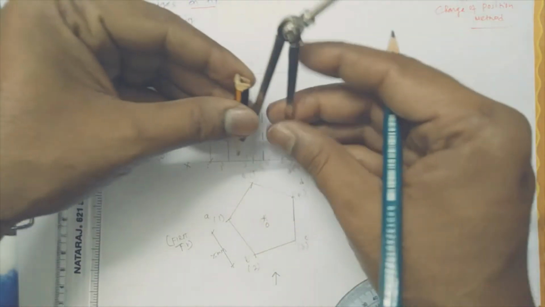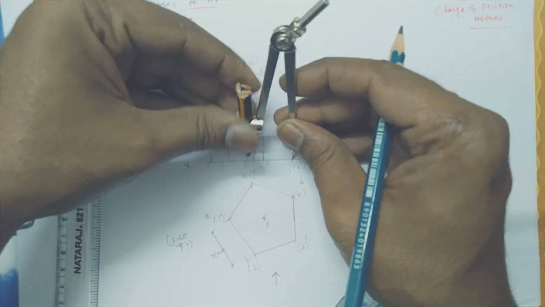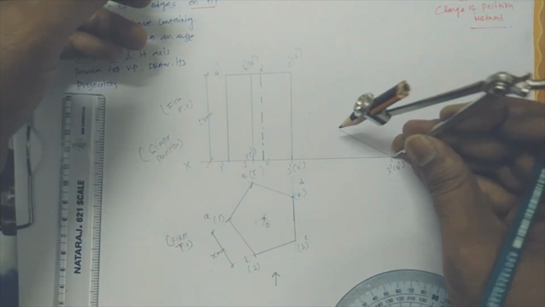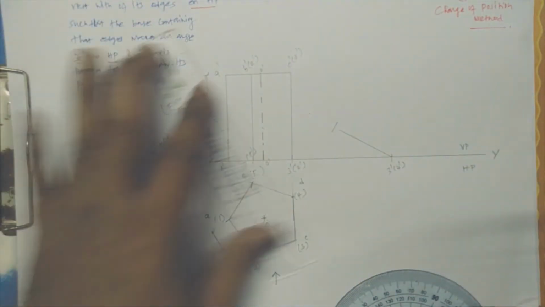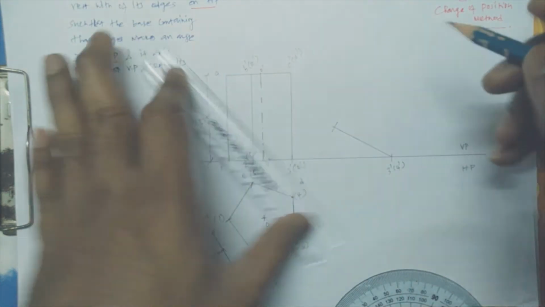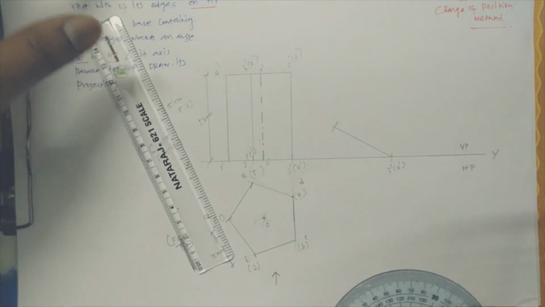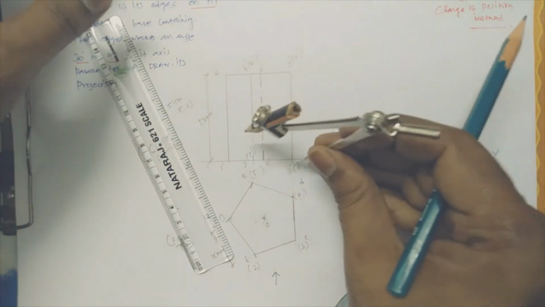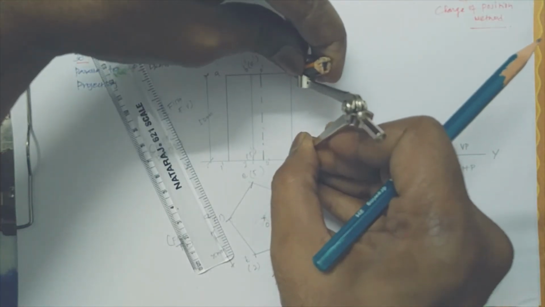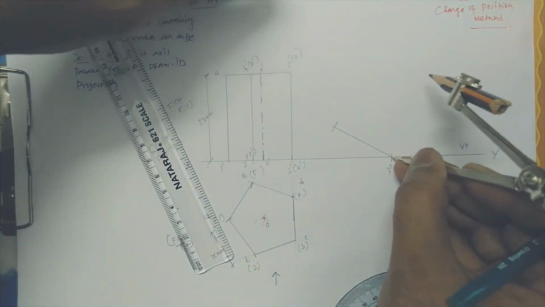Here you need to measure the total distance from 3 dash to 1 dash. You have to keep it here and intersect. Again, all the points you can identify from here. Let it be this length, so you can fix.